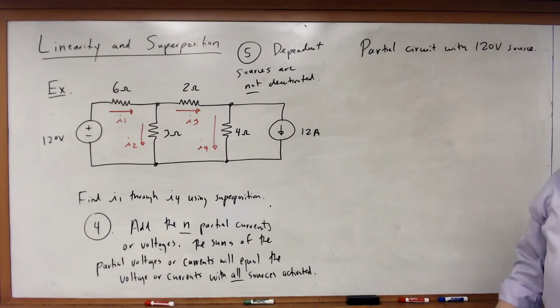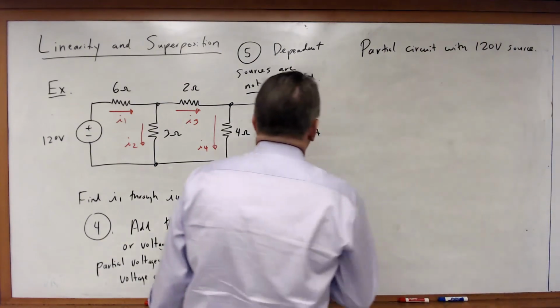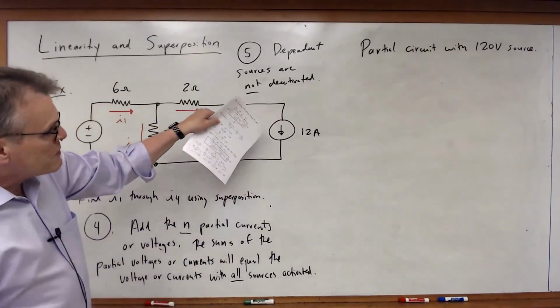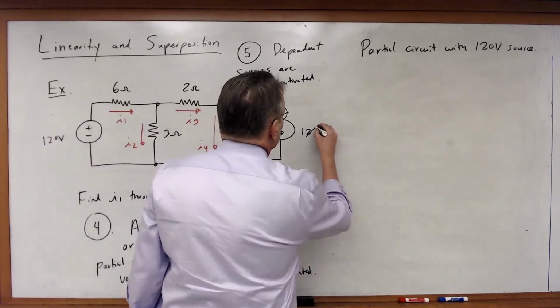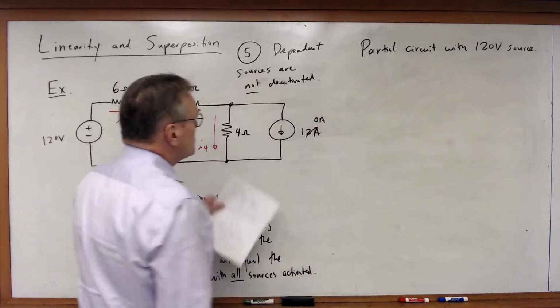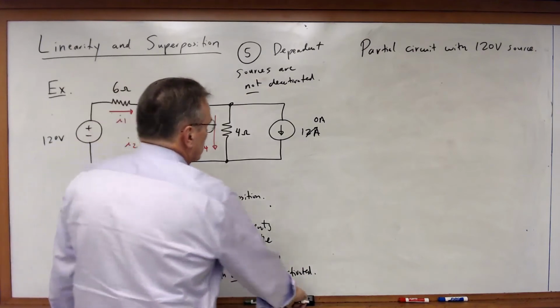I'm going to do that one first. Therefore, I'm going to zero out the 12 amp source. This becomes 0 amps, which means this just becomes a wire, an open circuit.